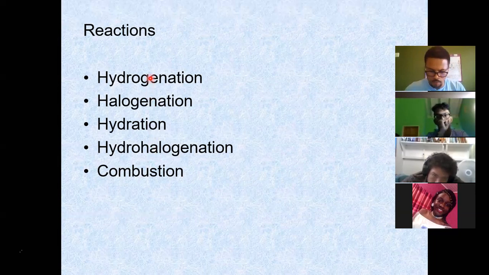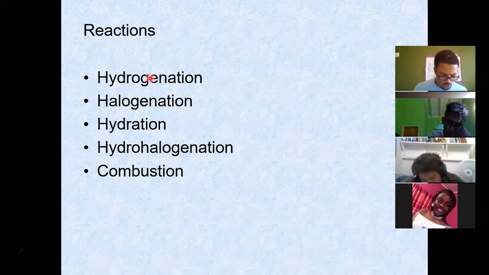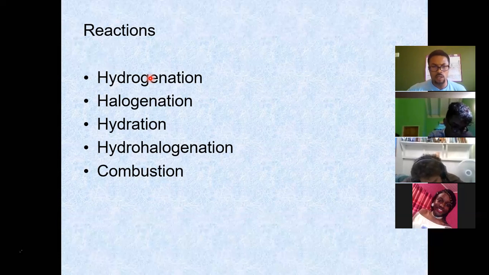So these are some examples we have. If you look in your concise, you're going to see the list of them from page 138 to 139. Addition of hydrogen is hydrogenation. Addition of halogens is halogenation. Hydrohalogenation is addition of a hydrogen halide, and addition of water is called hydration.